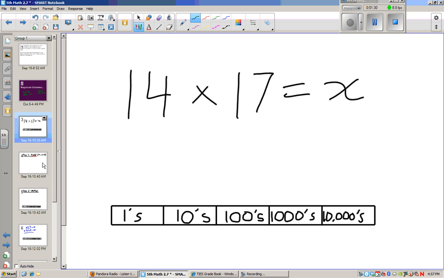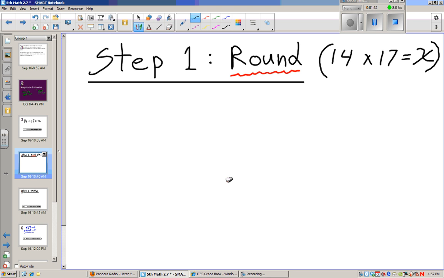There are two steps to doing a magnitude estimate. The first one is to round. My first number is 14. I'm always going to round to the highest place value, so this is the tens place. To round to the tens place, I look at the ones place. It's a 4, so that rounds down to 10.